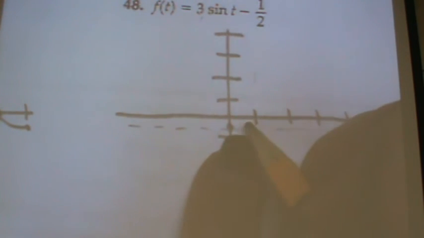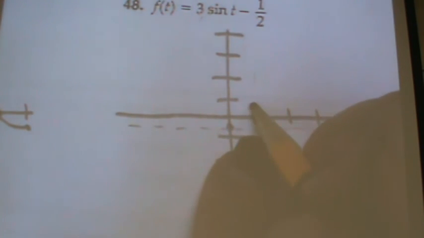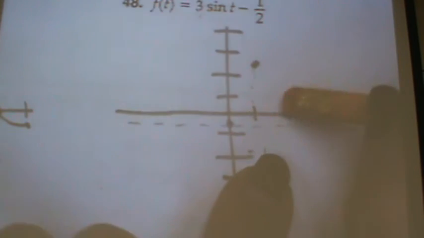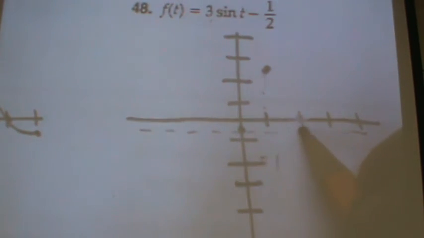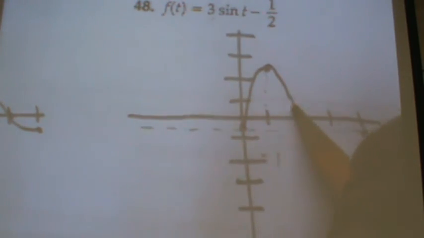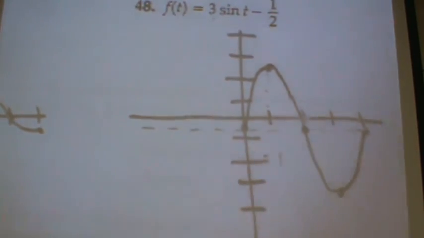So when you do 3 above, where are you gonna be? That's 1, 2, 3, you're gonna be right in between here. And then down, whoops, not here. You're gonna be down right here, and then you're gonna go 3 down. So 1, 2, 3 here, and then back up. Okay?